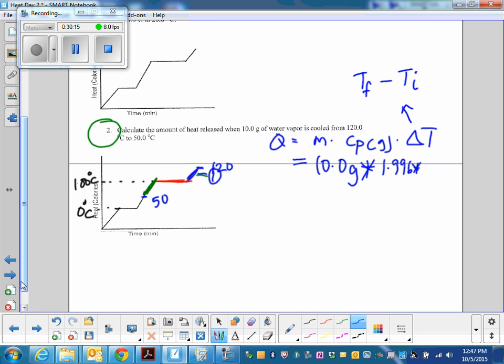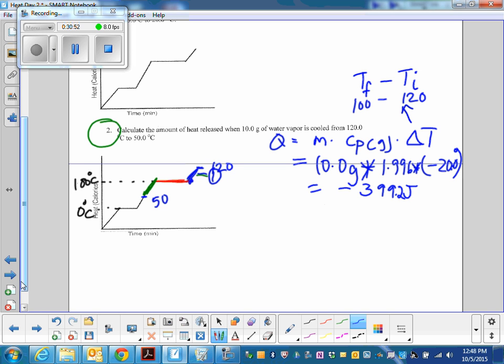What was my final temperature? 100. What was my initial temperature? 120. 100 minus 120 is negative 20. Negative 20 degrees Celsius. That's 20, by the way. There is a decimal point there. So if I multiply, can somebody tell me what you got? Negative 399.2 joules.